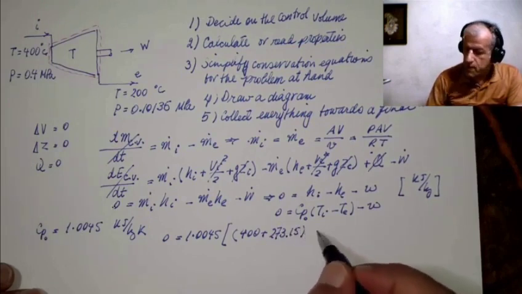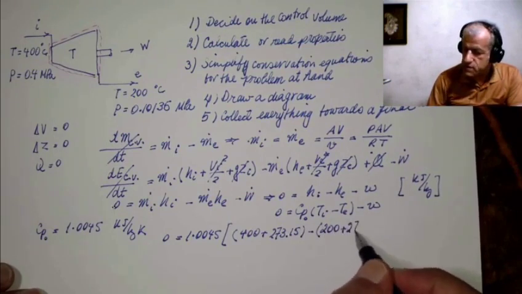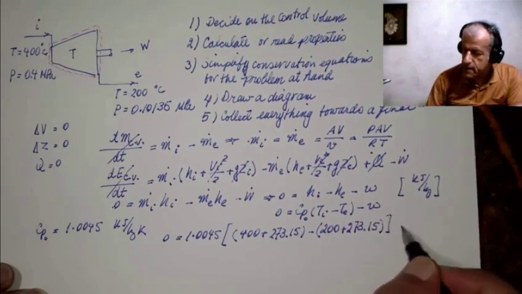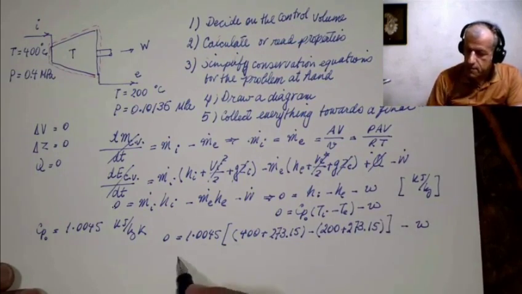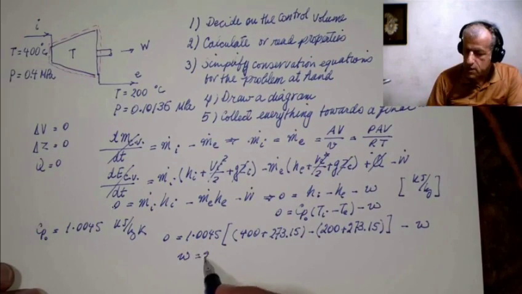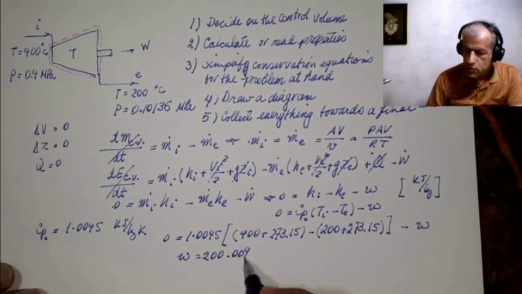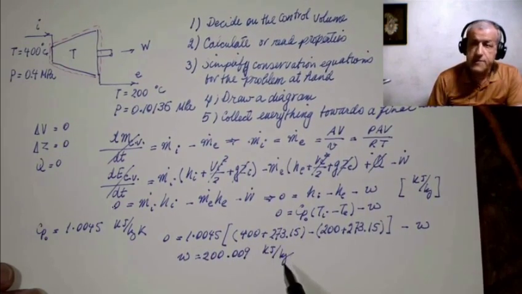And the answer for w would be 200.009 kilojoules per kilogram. That's the answer for w.